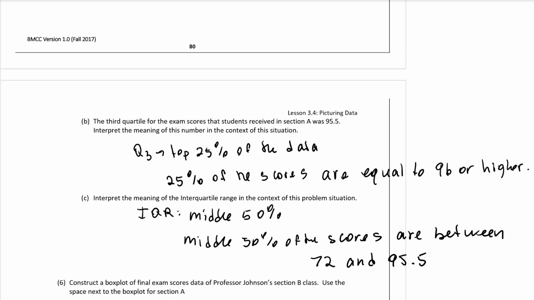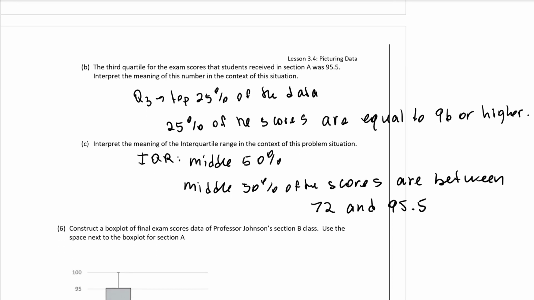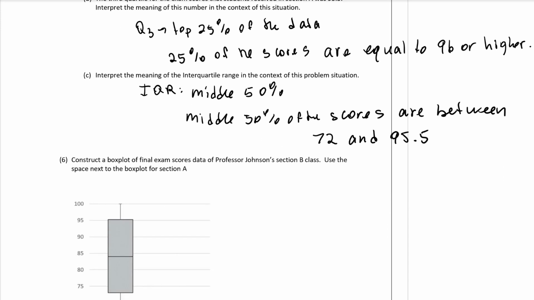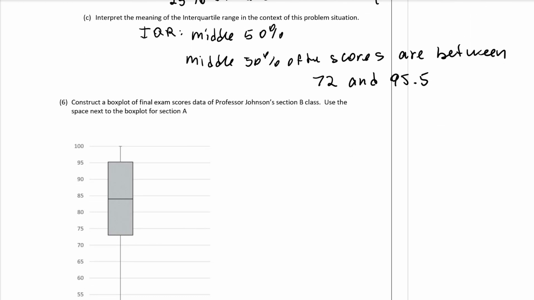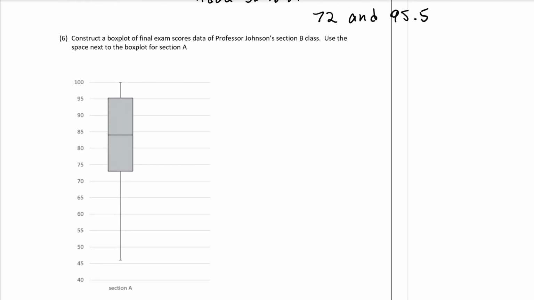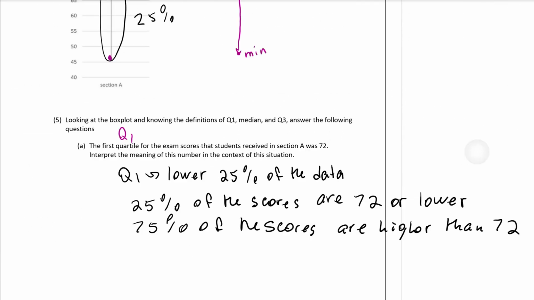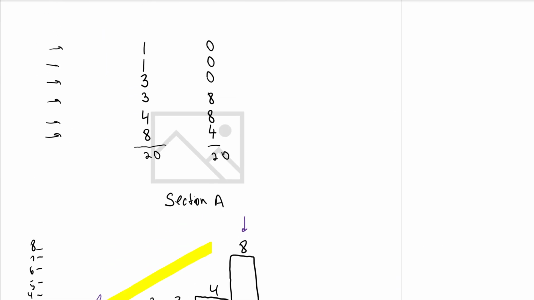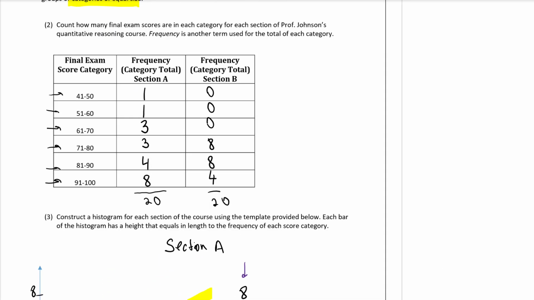Okay? Alrighty, I'll give you a moment to create a picture of the box plot for the other section, section B. So follow the same process. Look at the data for section B. Where is it?